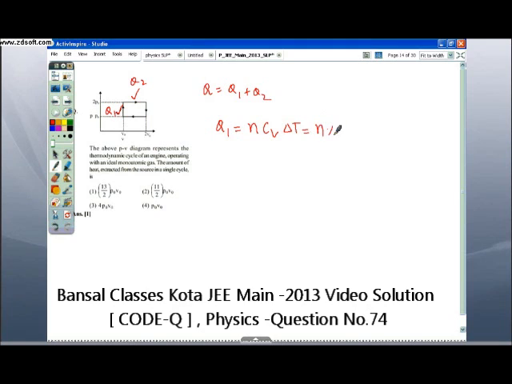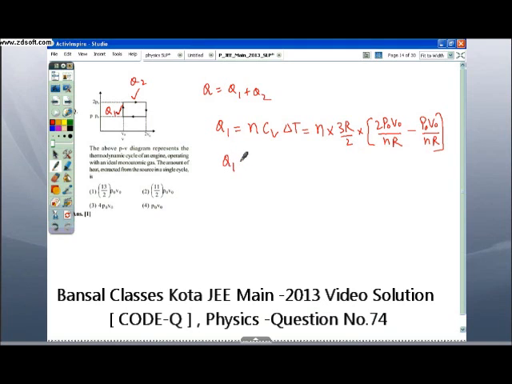So this comes out to be n into 3R by 2 into delta T, which is 2 P naught V naught upon nR final temperature minus P naught V naught by nR initial temperature.